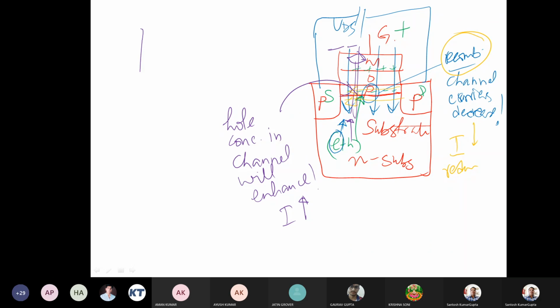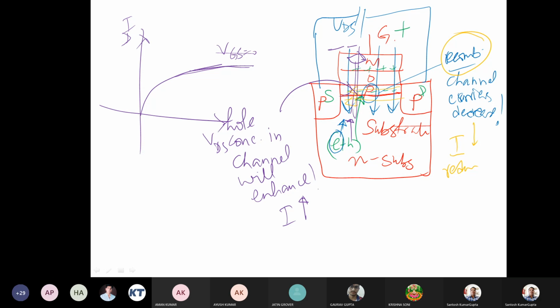So if we again draw the output characteristic between ID and VDS for, say, VGS equal to 0, first let us look at it: some current is there. Initially, the current increases almost linearly, and later it almost flattens. It gets saturated.